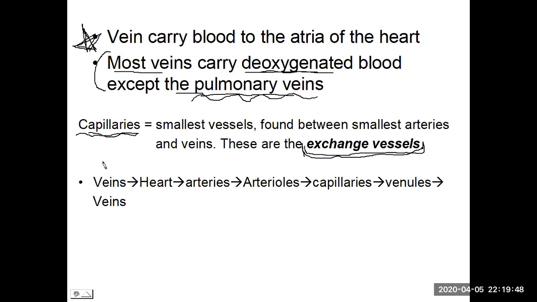And down here at the bottom is just a general flow diagram, showing how veins, as we just said, return blood to the atria, delivering blood into the heart. And the ventricles, of course, pump blood away via the arteries. We'll see that there are different types of arteries that typically lead down to capillaries.